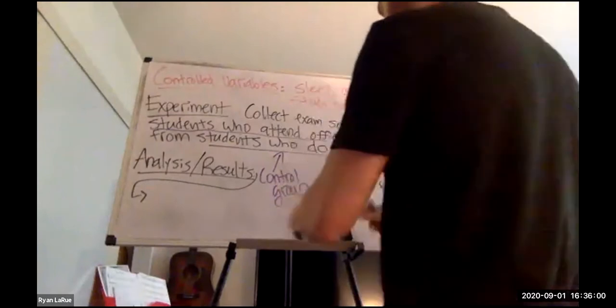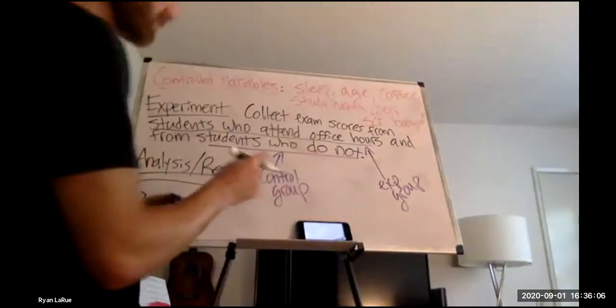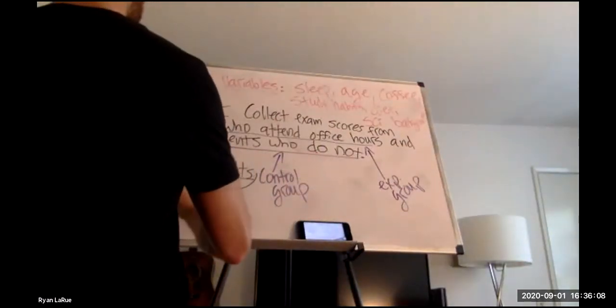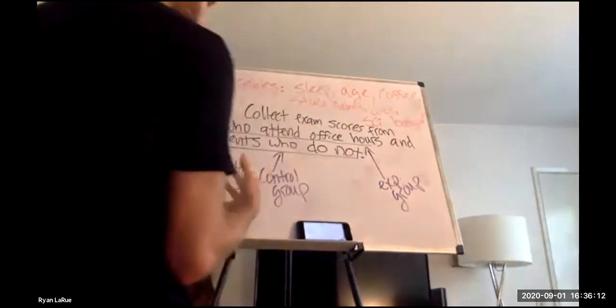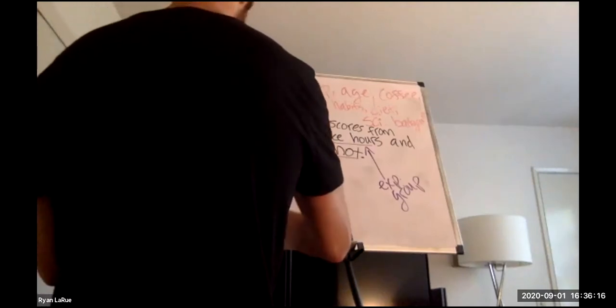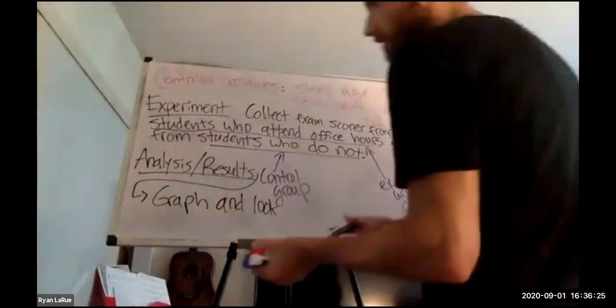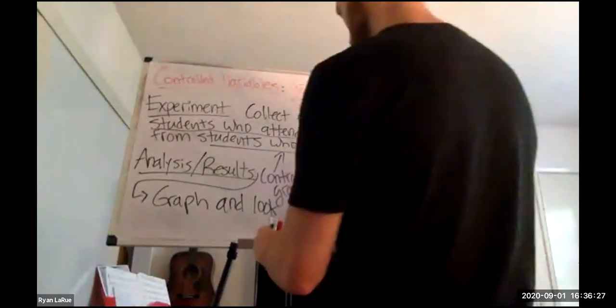So what we're going to do is we're going to have our graph in our results section. So we're graphing our data, and we're going to look for potential relationship between office hour attendance and exam scores.